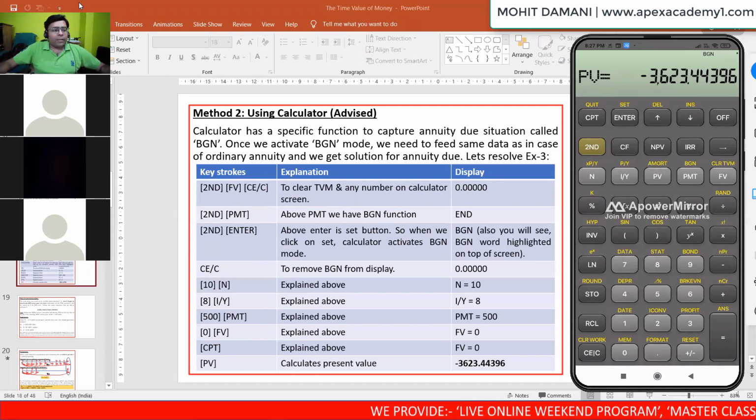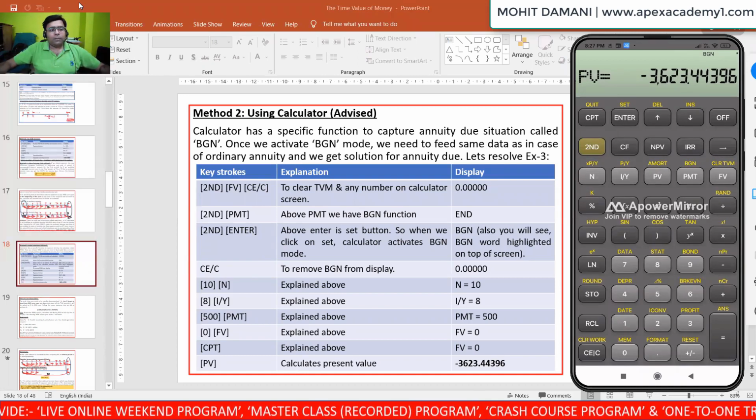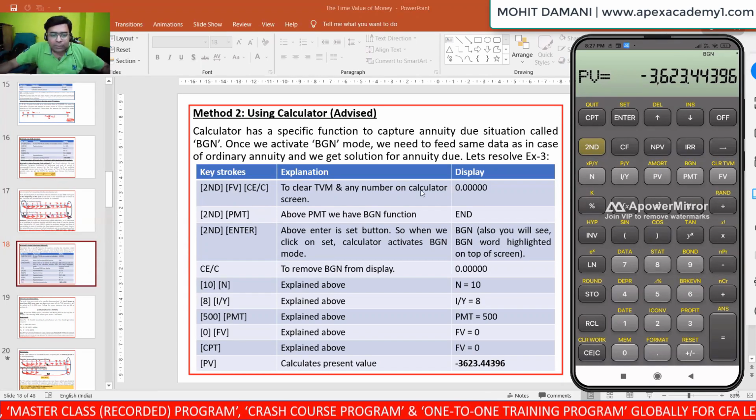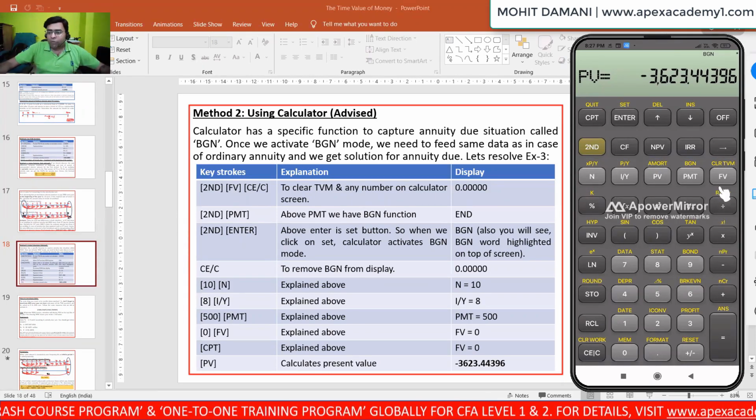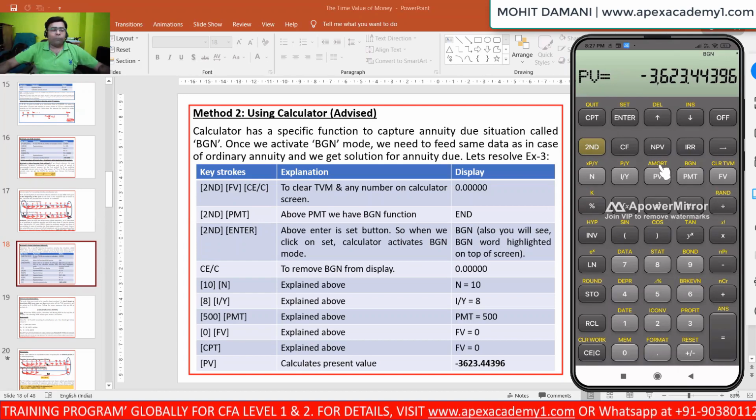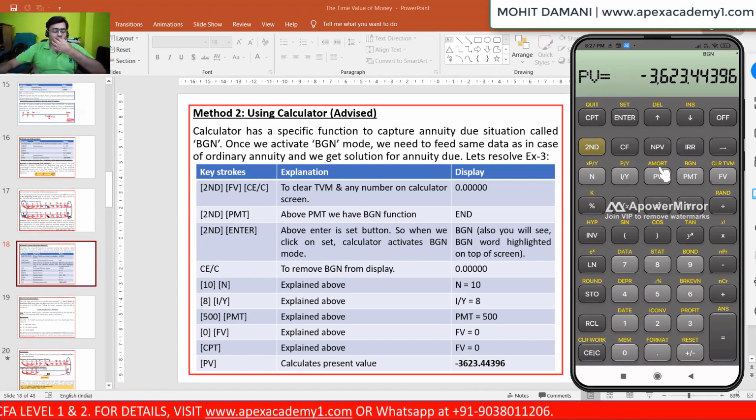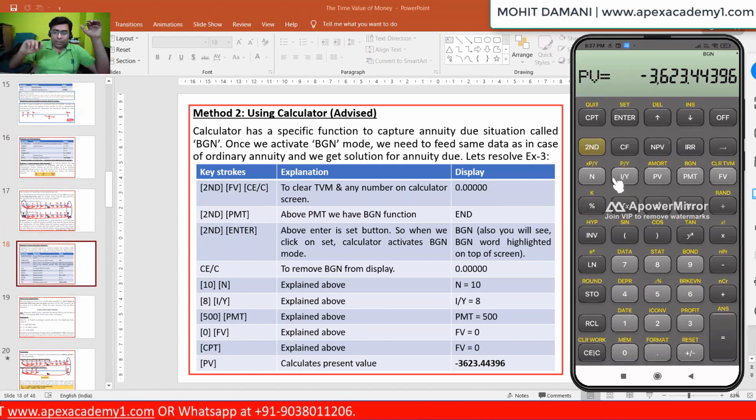So what I was saying is that this is the way it is done. Now one function on time value of money, the Amort function, many people don't know about it. This is amortization.